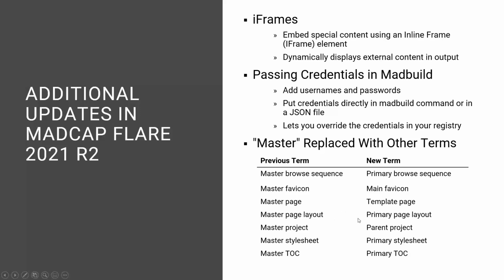Master page layout is now primary page layout. Master project is now parent project if you're doing global project linking. Your master style sheet is now known as the primary style sheet, and the master TOC is now the primary TOC.